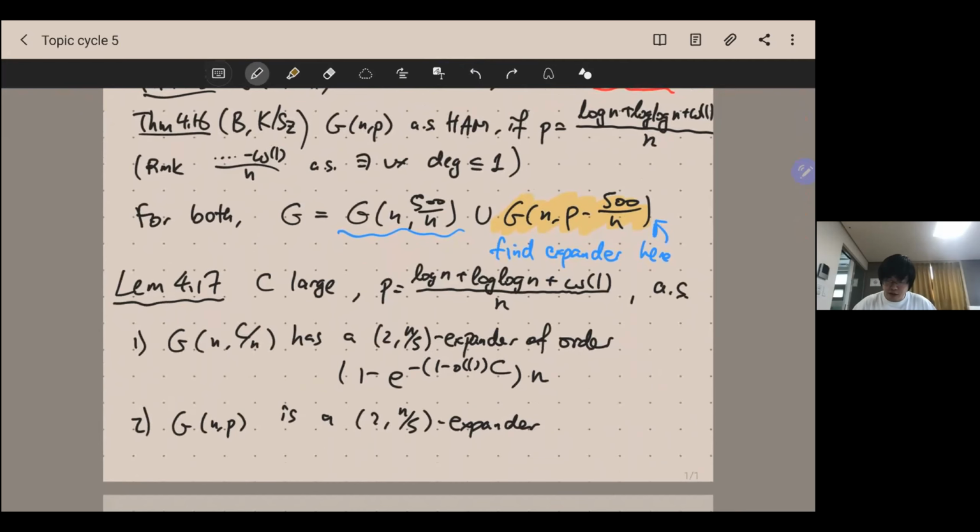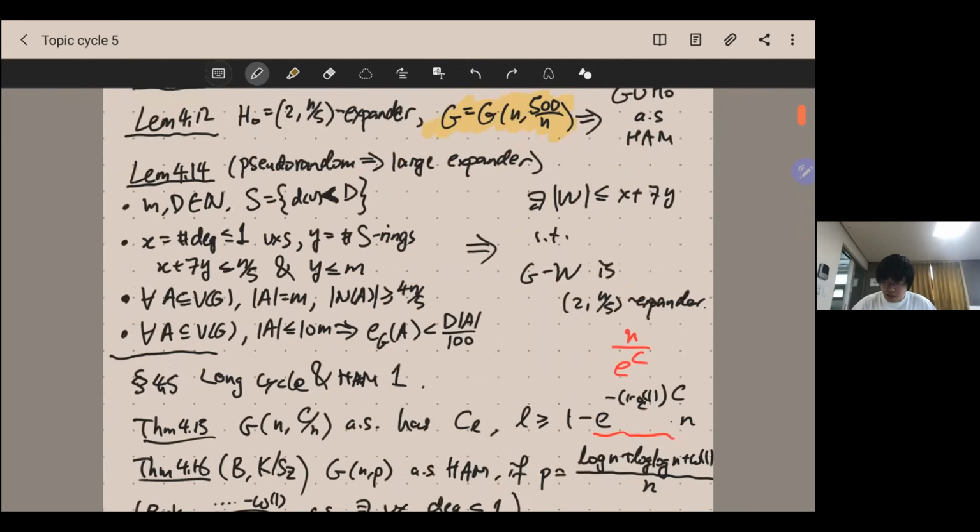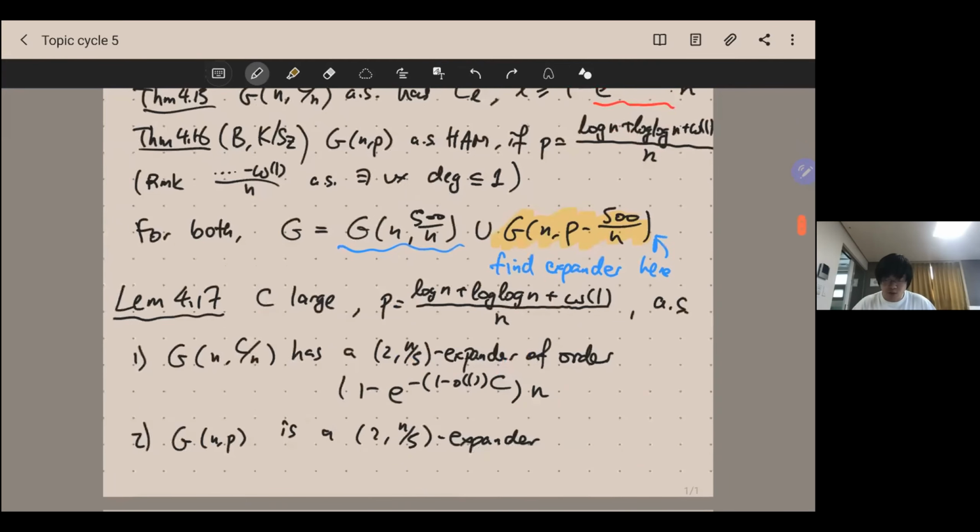Then you do the sprinkling, the expander of this size becomes Hamiltonian. We get a long cycle of that length. And the second one, the whole random graph itself is an expander. So if you do a sprinkling afterwards, the blue part here, we make it Hamiltonian.